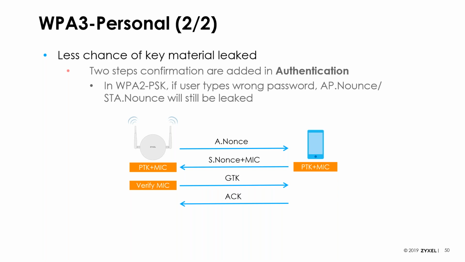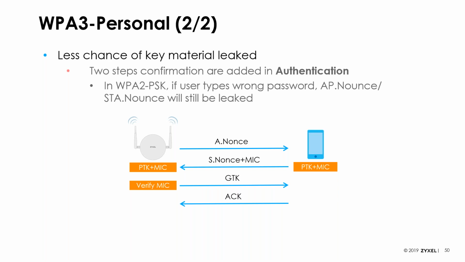In WPA2 personal, the AP checks the station's password in a four-way handshake, which means that no matter whether the password is right or wrong, the AP and station will still broadcast the AP nonce and the station nonce, which becomes a security vulnerability.